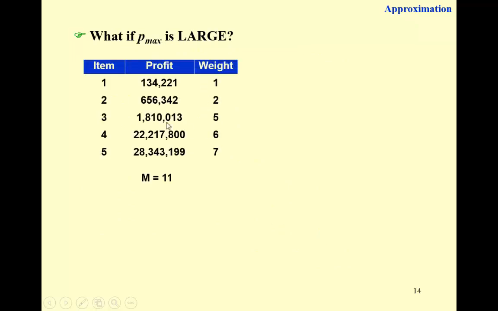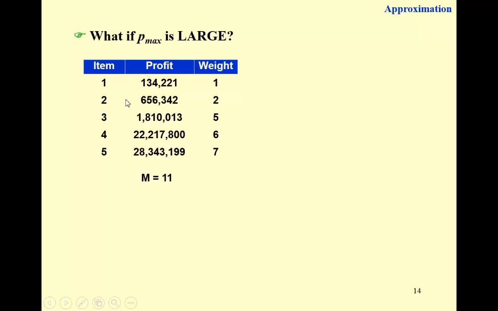For example, when n is very small, when we have only 5 items, but these are their profits, where P max is more than something like 28 million, and DP is going to run much slower than exhaustive search, right? Because exhaustive search only takes 2 to the power n, and 2 to the power 5 is only 32, which is much smaller than this P max.